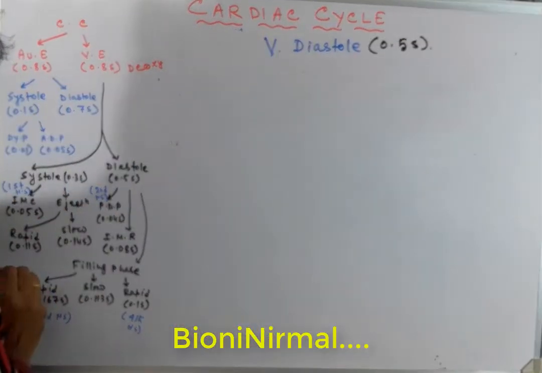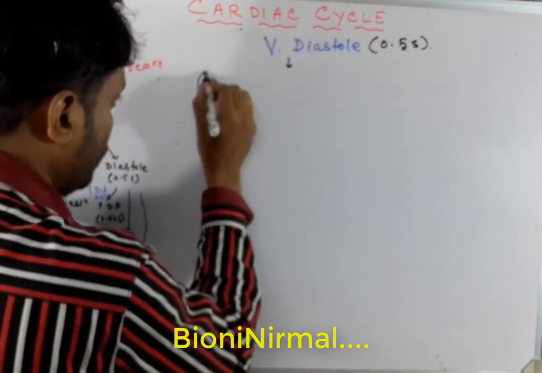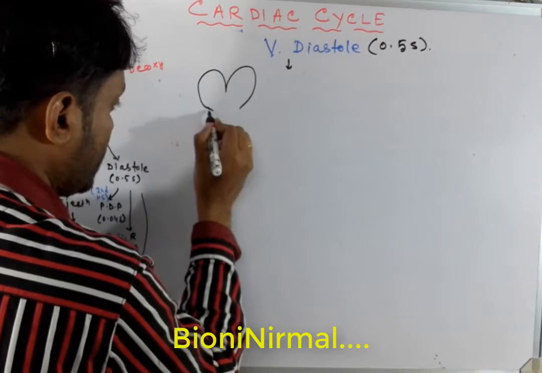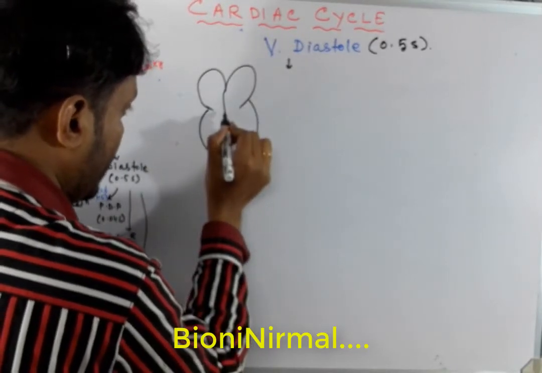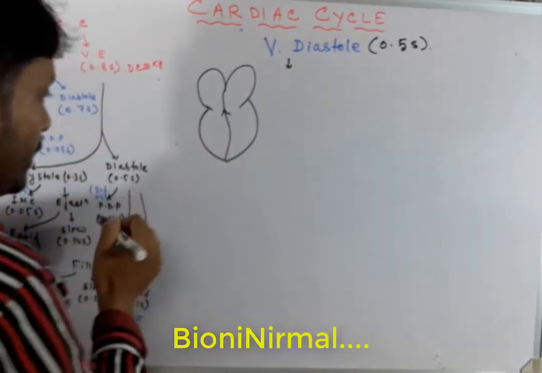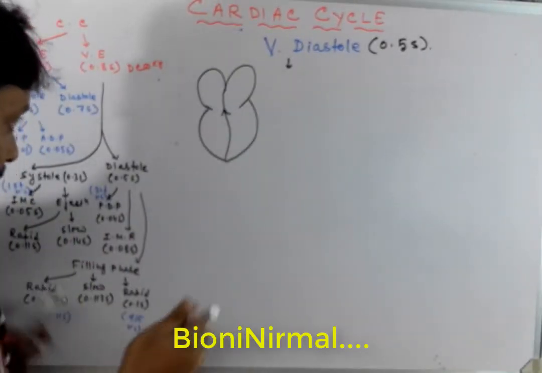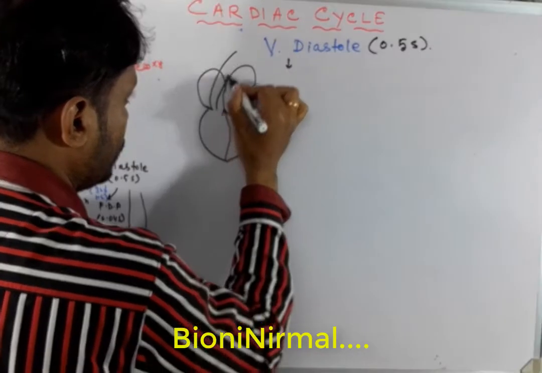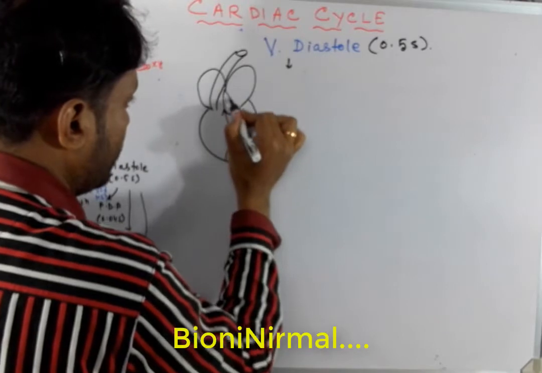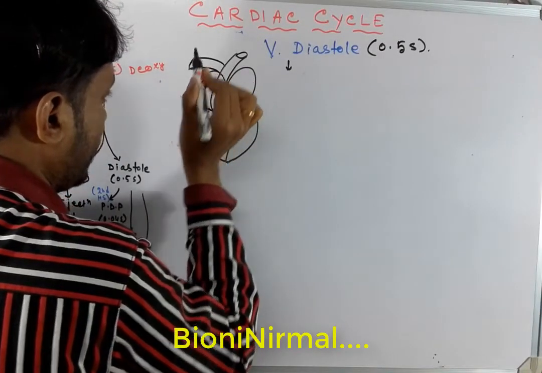Clear? During the time of the ventricular diastole, suppose this is the heart again. I am just drawing the heart again, and during ventricular diastole the ventricular pressure will be lower. So here is the pulmonary artery, and here is the arch of aorta.